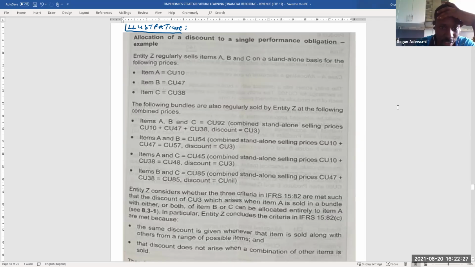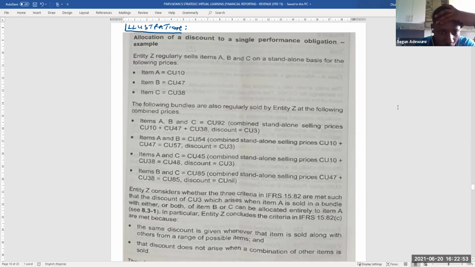Items A and C go for 45 CU; combined standalone selling prices 10 CU plus 38 CU, which equals 48 CU, a discount of 3 CU. Items B and C go for 85 CU; combined standalone selling prices 47 CU plus 38 CU, which equals 85 CU, and there is no discount.